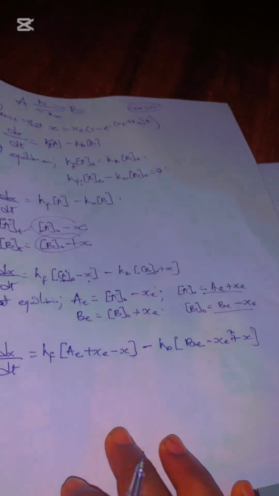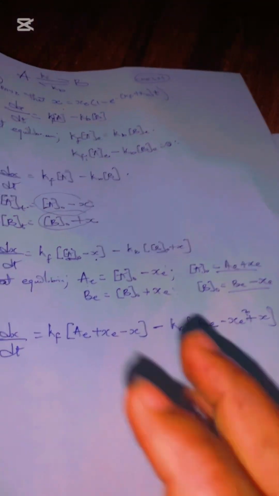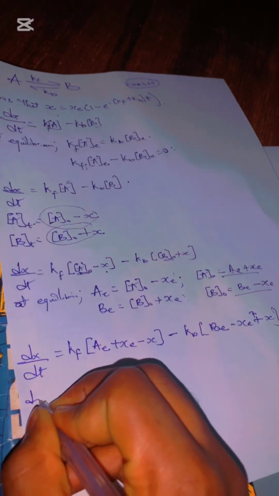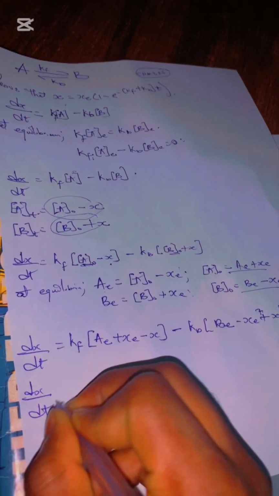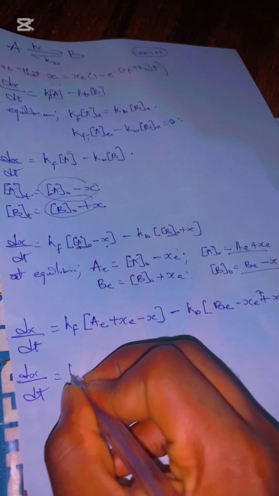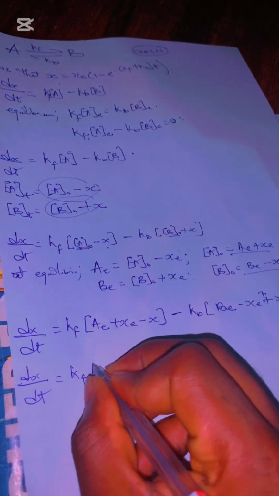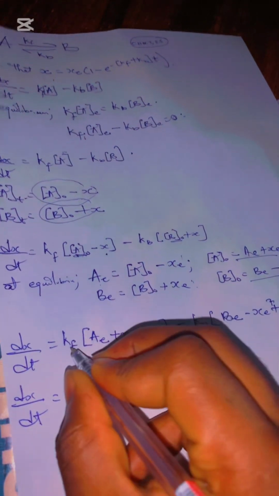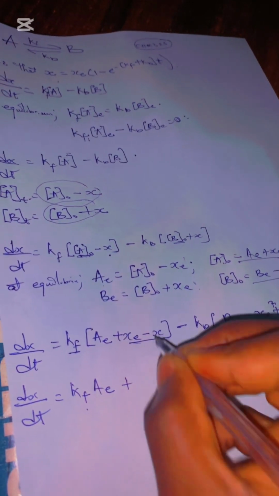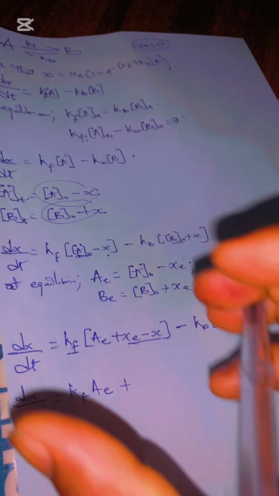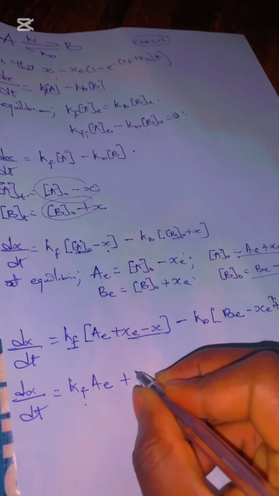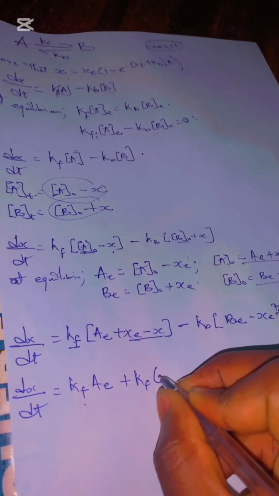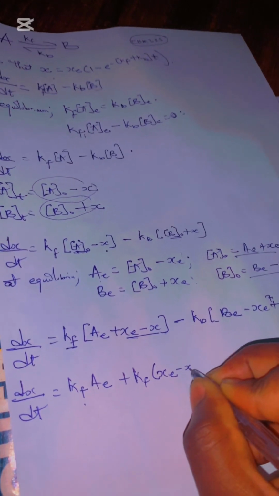Now let's try to open the bracket. So I'm going to have my dx over dt to be equals to, we have kf AE plus, that is kf times A, we have this. So I'm using this kf to multiply these two things because I want to put them together. So I'm going to have kf open bracket xe minus x.